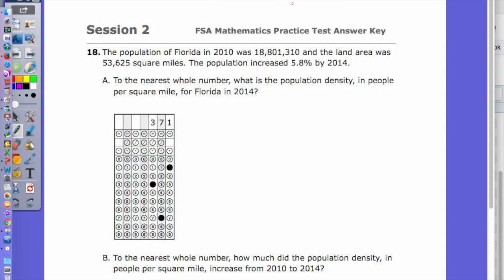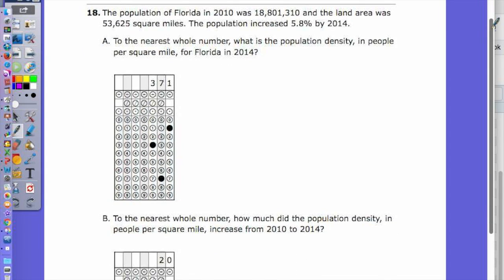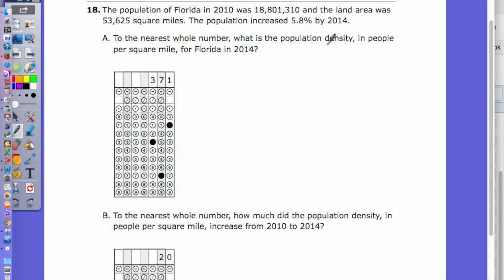Okay? The population density question, was there any issue here? I just needed to understand how you did the percent, how it increased by 5%. Okay, so hold on. The population of Florida was this, and the land area was this. The population increased by 5.8%.